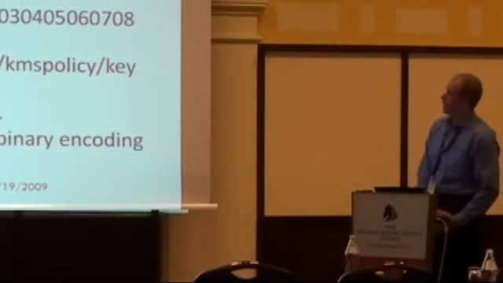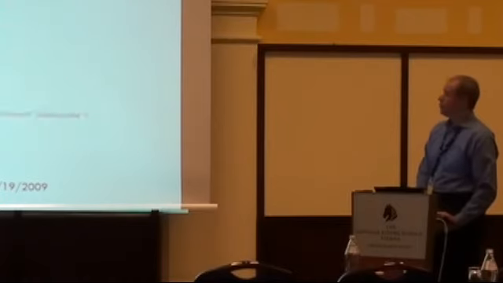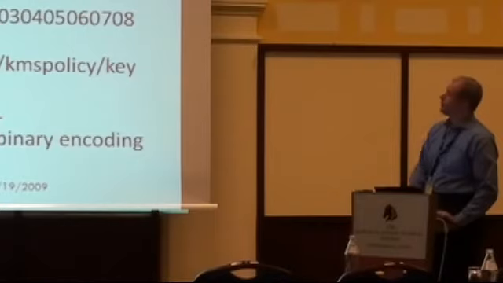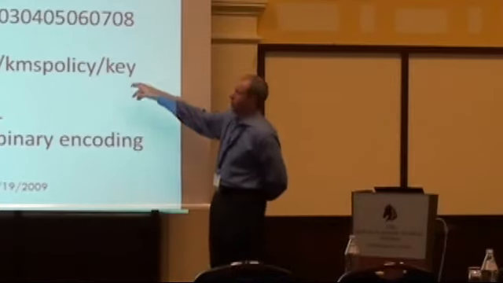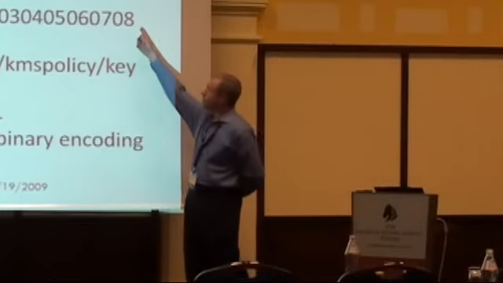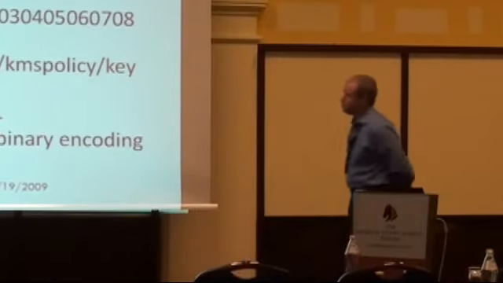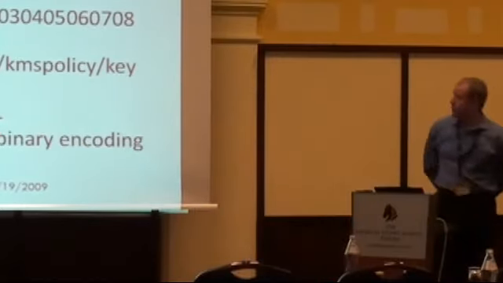And you can define all the objects that are defined in the standard through a URI. And you can see right here, here's a policy URI. Here's a key URI. So lots of different ways to address different pieces of information.